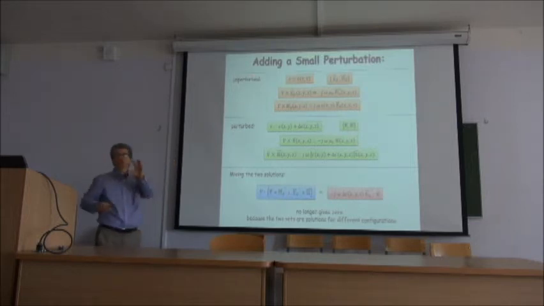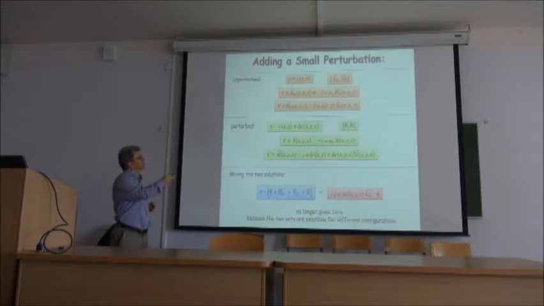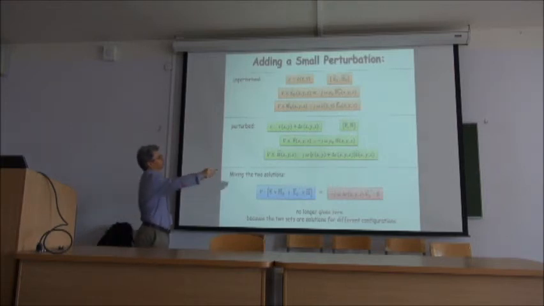This is my original waveguide structure, and I'm going to later do a little perturbation on this waveguide. This little perturbation I'm going to call delta epsilon. So the original waveguide is described by that, and after the perturbation is described by this symbol here.